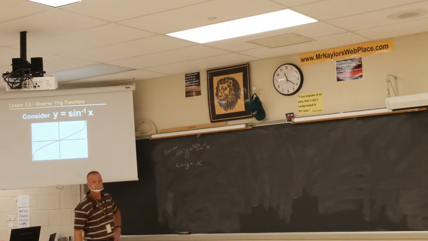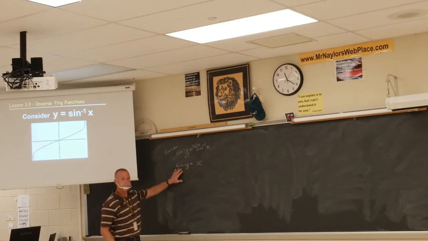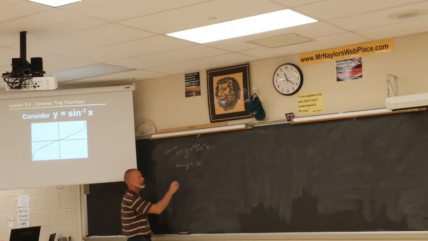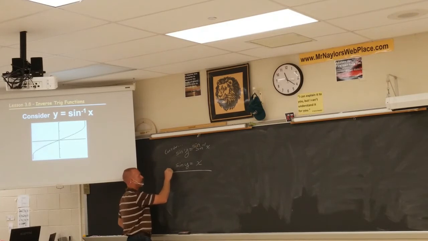Well, now that is a regular sine equation. You say, but it's the sine of y. Yeah, but we know how to do the derivative of the sine of y. I'm going to draw a little line here because I want you to realize that above the line we did algebra. Below the line is going to be the calculus.